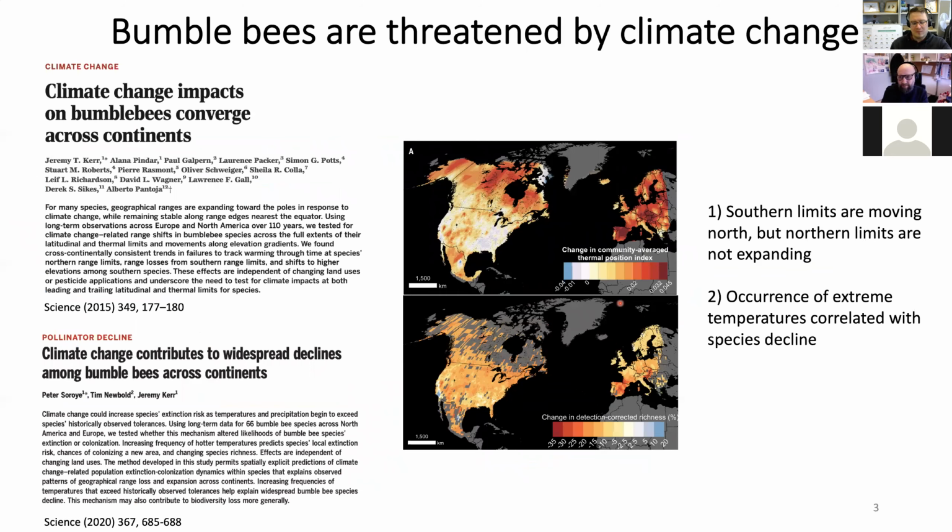In particular, in bumblebees, it seems that due to climate change, their distributions have been moving northwards as the planet is warming, and it seems that in the warmer regions, certain species reach the tolerance of the temperatures which they can survive in.